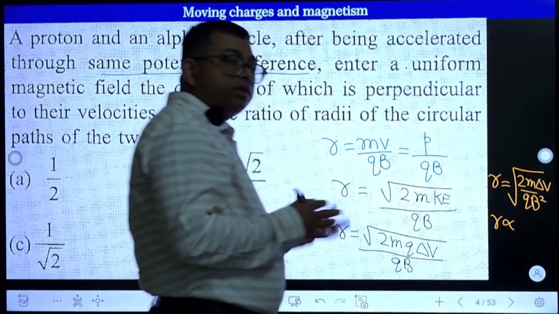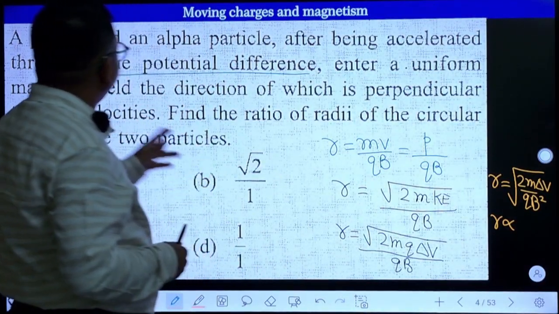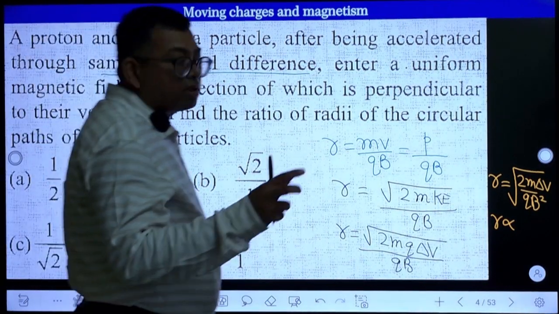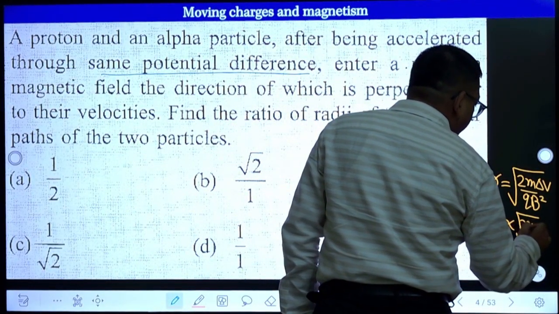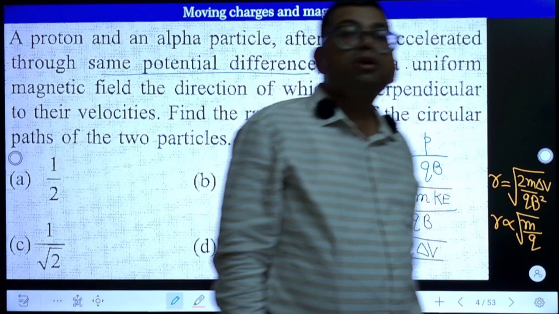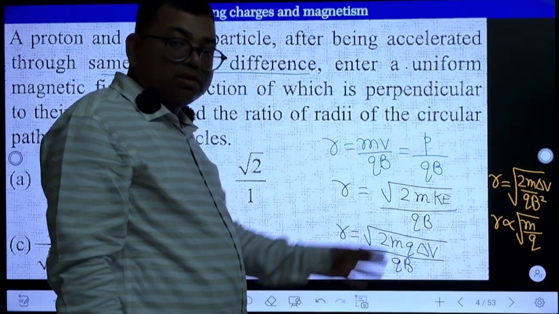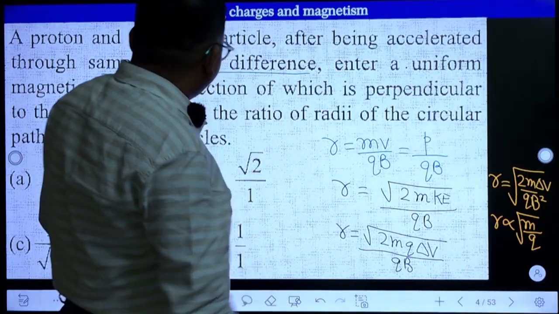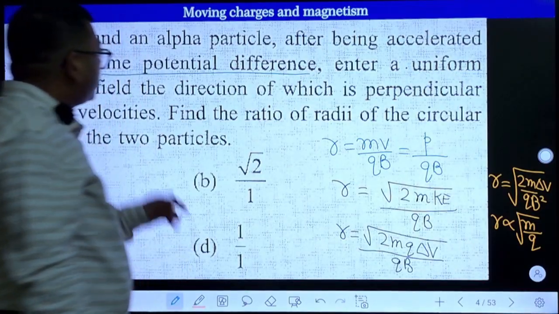Here two different charged particles are there, and other things are the same because they are accelerated through the same potential difference, so delta V is constant. So this is proportional to root under mass by charge. Whichever has more of this ratio, mass by charge, that will have more radius, correct?